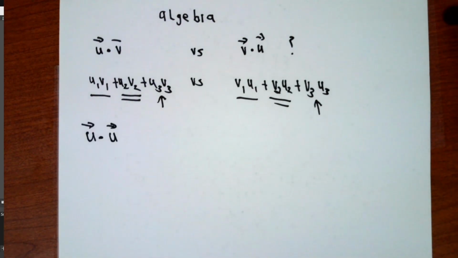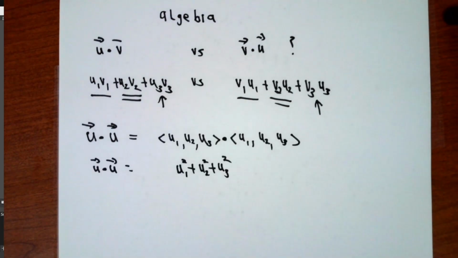In ordinary arithmetic, if I have a number a and I multiply it by itself, I get a number that's either positive or zero, and the only way I can get the zero is if the a was zero. What about this dot product? u dot u will be u1 squared plus u2 squared plus u3 squared. None of those numbers can be negative.